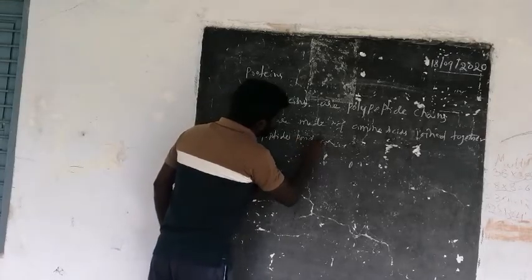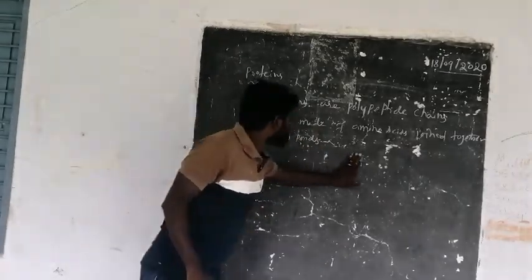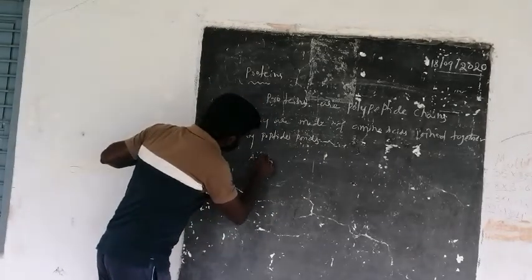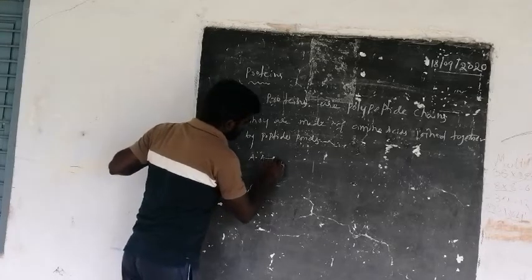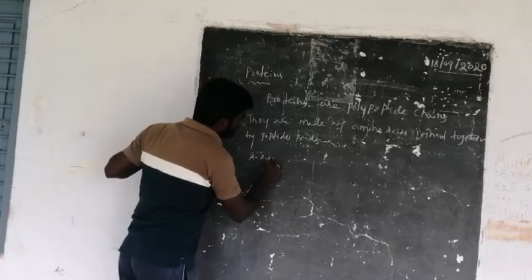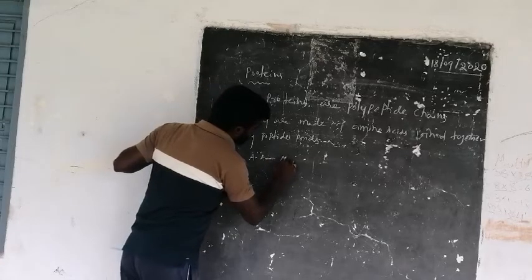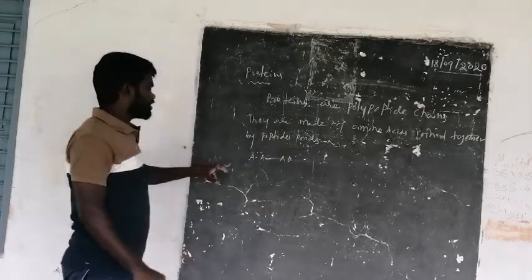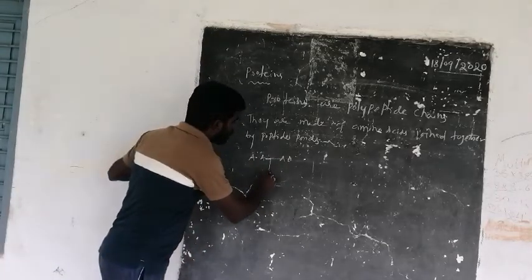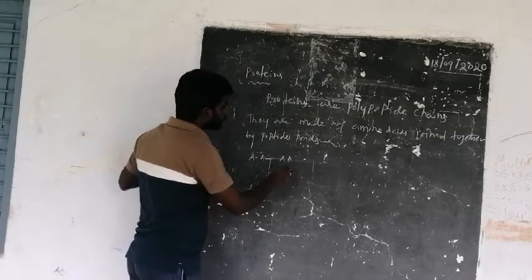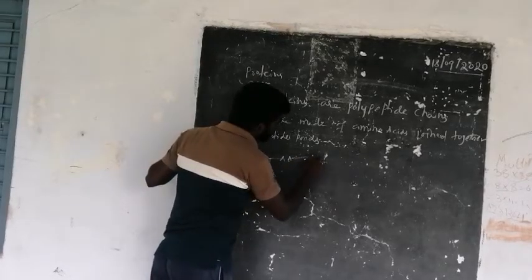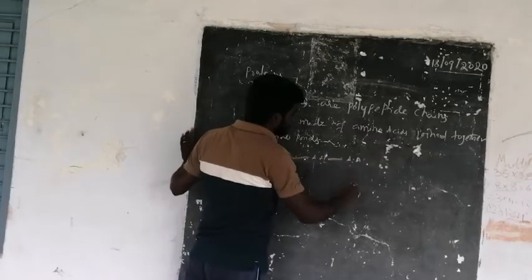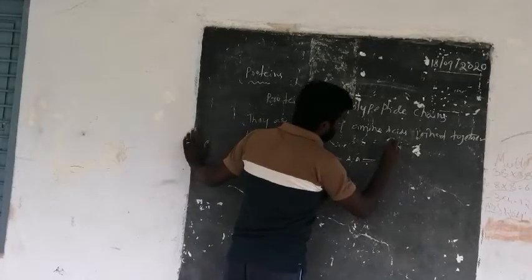Here, for example, see, this is an amino acid, and this is a peptide bond, and this is another amino acid, and both amino acids are joined by a peptide bond. And this amino acid is joined by one more amino acid, and this by another, like this.